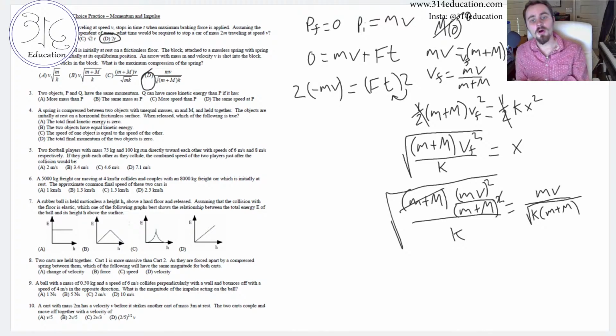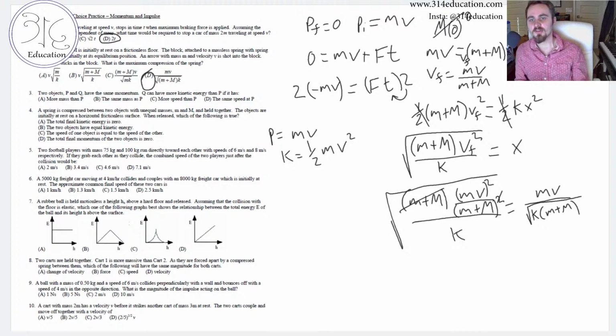Next, we're dealing with two objects, P and Q, and they have the same momentum. Now, Q can have more kinetic energy than P under which circumstances? So if we want to compare momentum, which we know is mass times velocity, to kinetic energy, which is 1/2 mv squared, we see that the velocity has a much bigger effect on the kinetic energy than it does on the momentum.